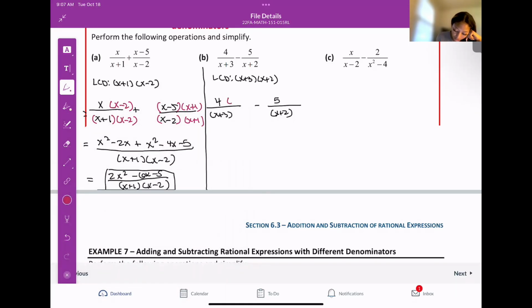So the first expression gets multiplied by x plus 2 over x plus 2. The second expression gets x plus 3 over x plus 3. And then we'll distribute the things in the numerators and then subtract.